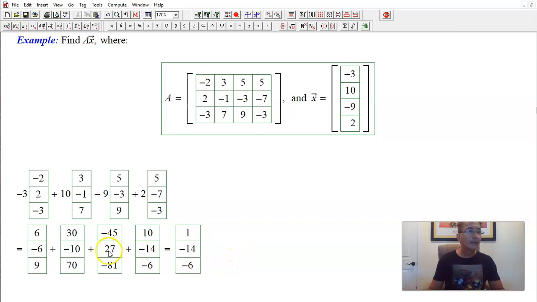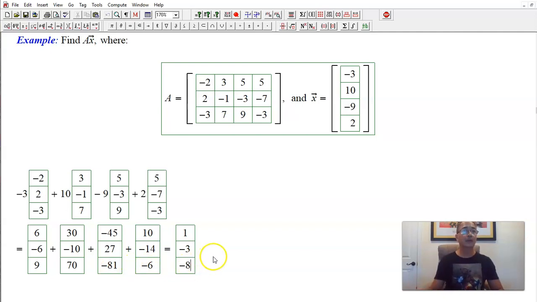And then what do we have here? Negative 24 plus 27 is positive 3, minus 6. I think that's negative 3. And then 79 minus 81, negative 2, minus 6. I believe that's negative 8.